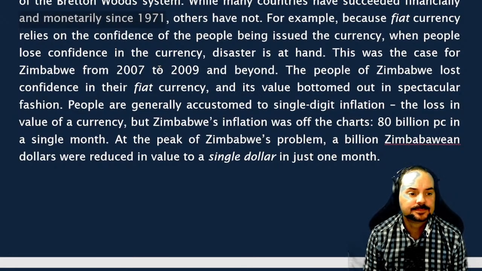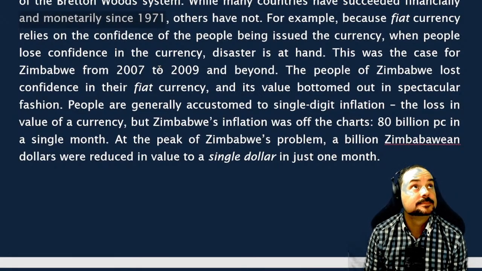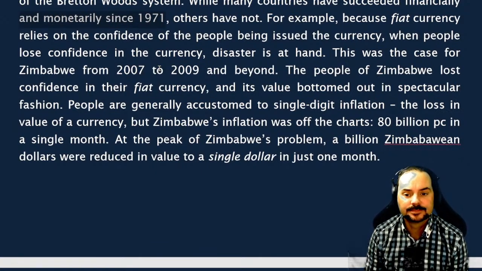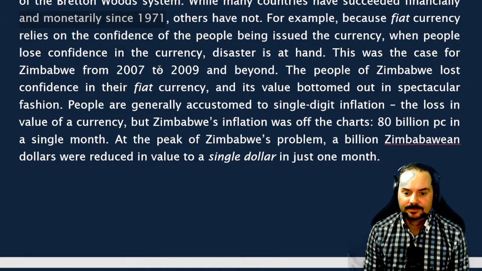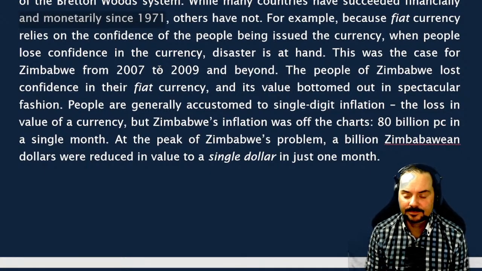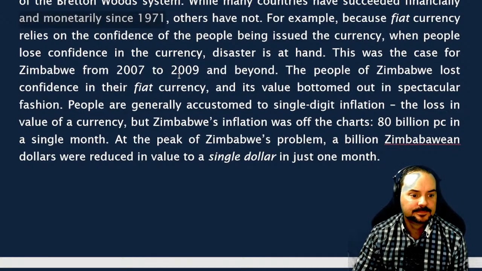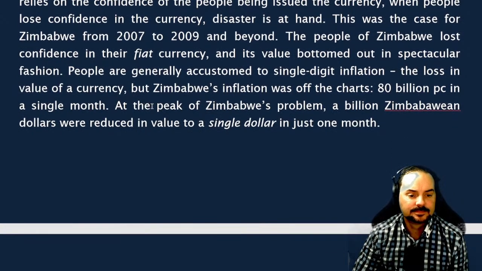This was the case for Zimbabwe from 2007 to 2009 and beyond. The people of Zimbabwe lost confidence in their fiat currency and its value bottomed out in spectacular fashion. People are generally accustomed to single digit inflation, the loss in value of currency.